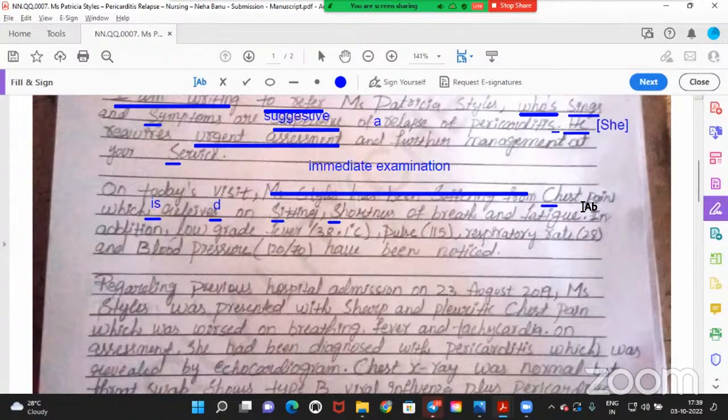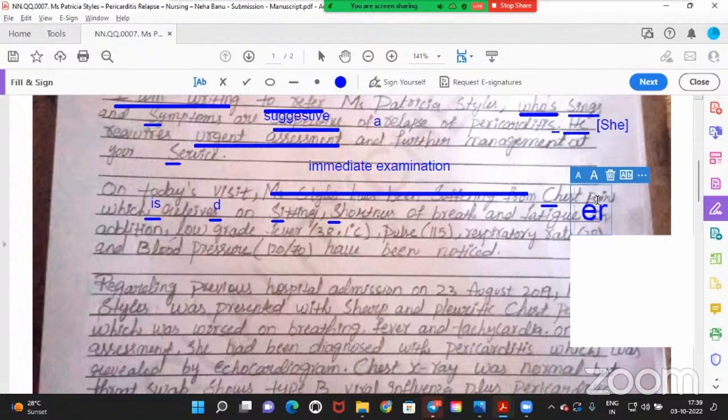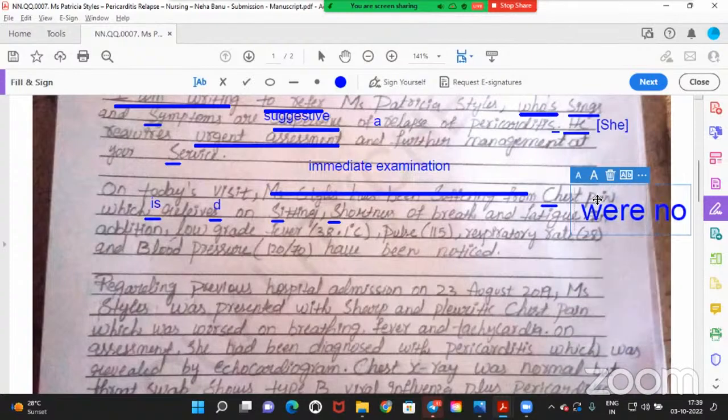Chest pain, shortness of breath and fatigue were observed or noticed or reported. Were noticed.